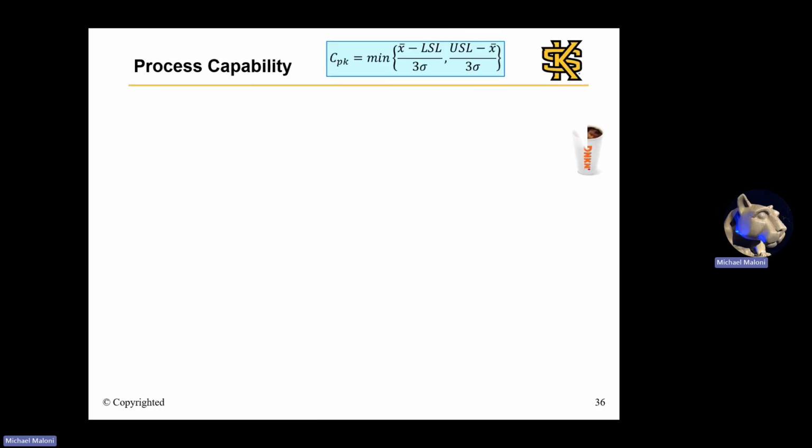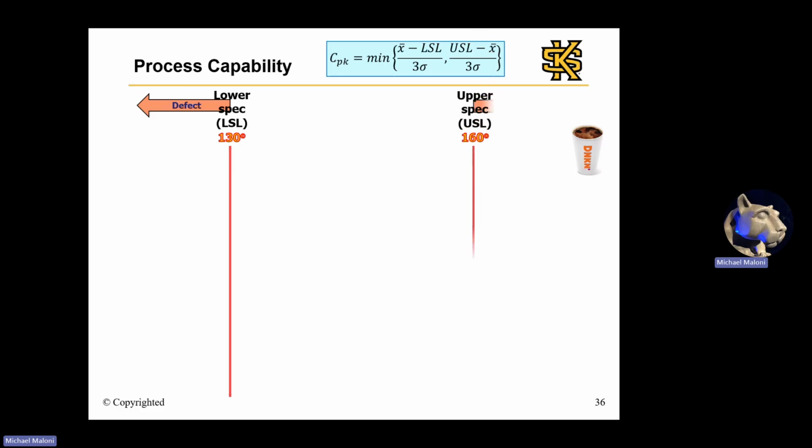Let's visualize our coffee example again. Remember that we had our lower spec limit, the LSL, at 130 degrees. Anything lower than that is a defect. Then we also had the upper spec limit, the USL, at 160 degrees.